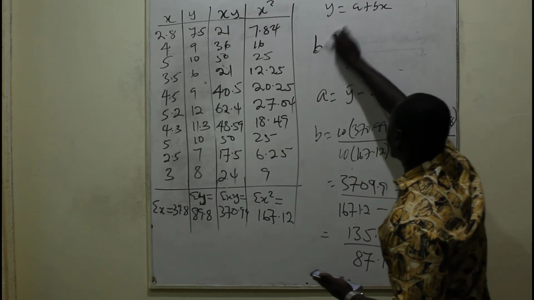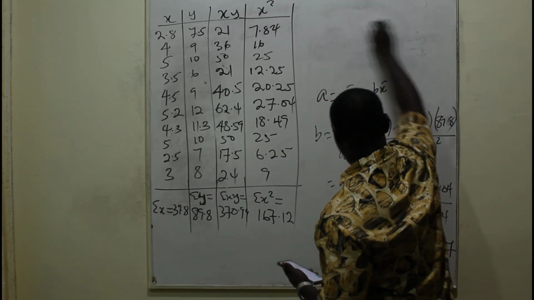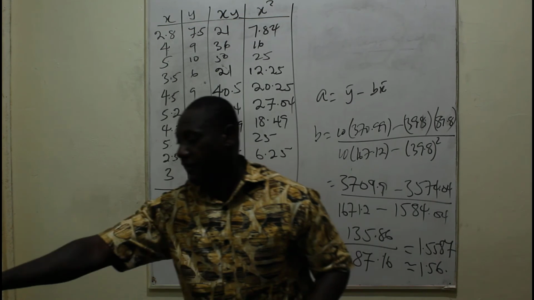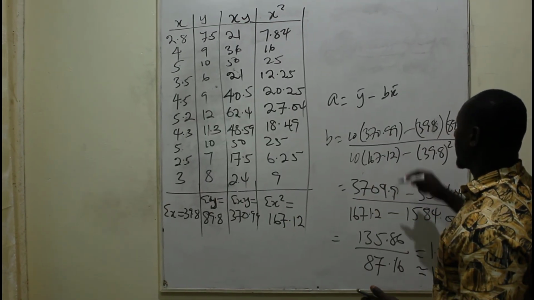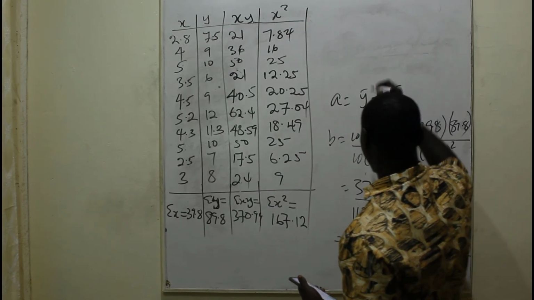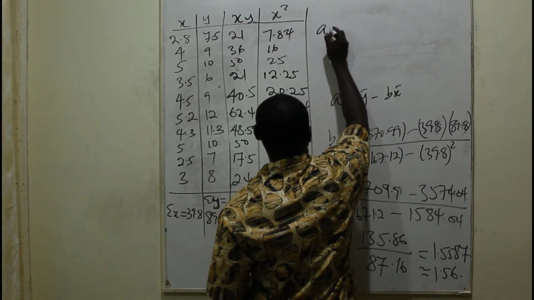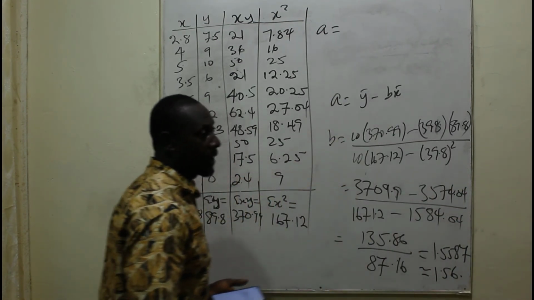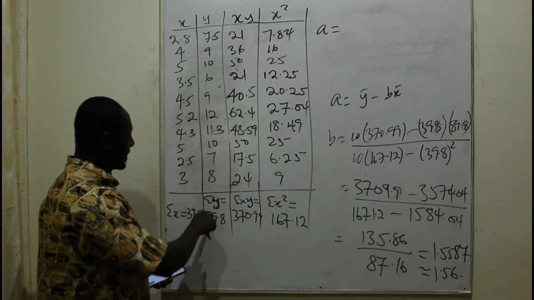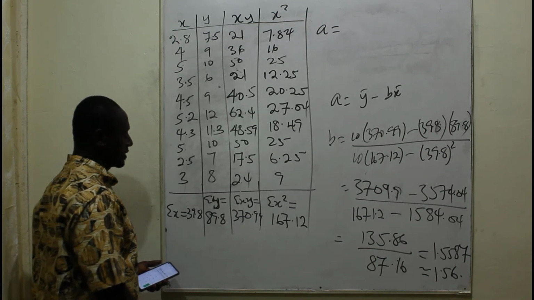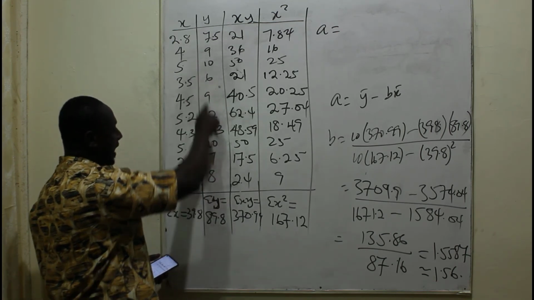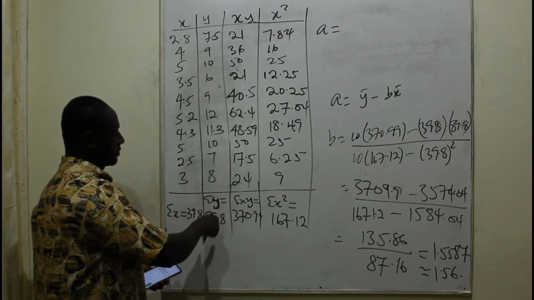So if I want to get A, what is y bar? Y bar means the summation of y divided by the number of observations. Remember, the number of observations is 10.